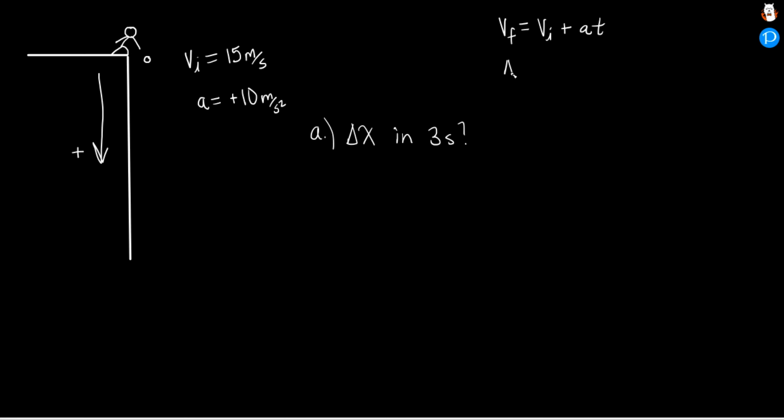Another one that we're probably going to need is displacement is equal to initial velocity times the time plus 1/2 times the acceleration times the time squared. And then one more that we may need, final velocity squared is equal to initial velocity squared plus 2 times acceleration times the displacement.